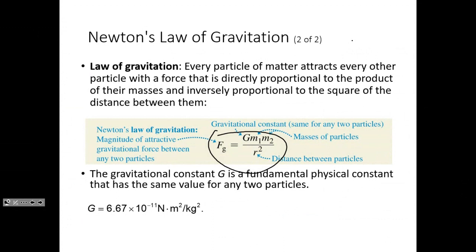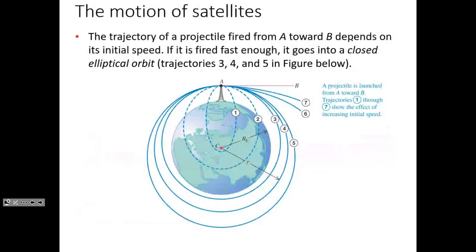G is a constant, which is 6.67 times 10 to the negative 11, and its unit, Newton meter squared per kilogram squared, will make the right-hand side a dimension for force and the unit of Newton. Now, it is proportional to the masses m1 and m2 multiplied together, divided by distance squared. This is Newton's law of gravitational force.